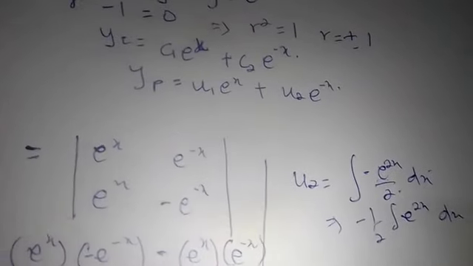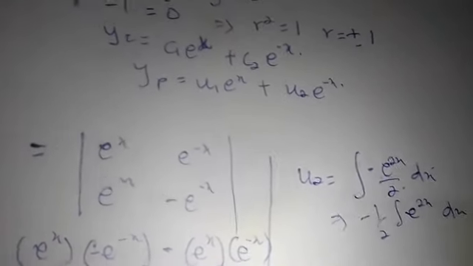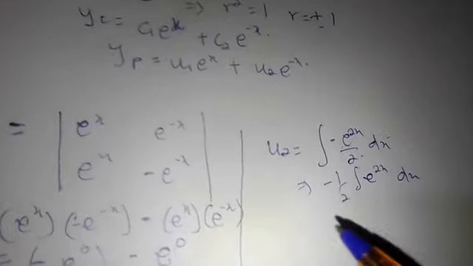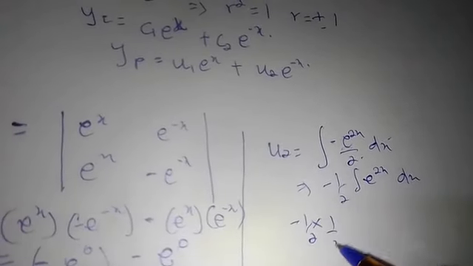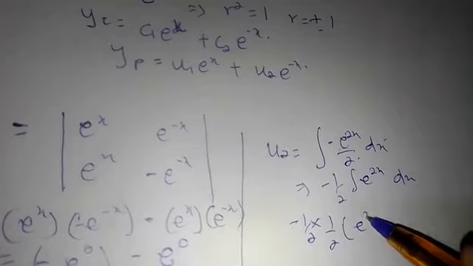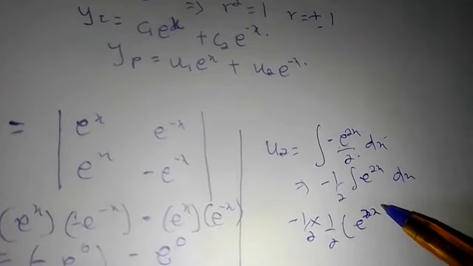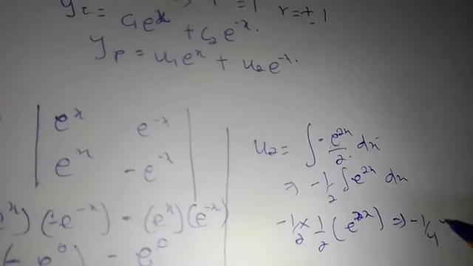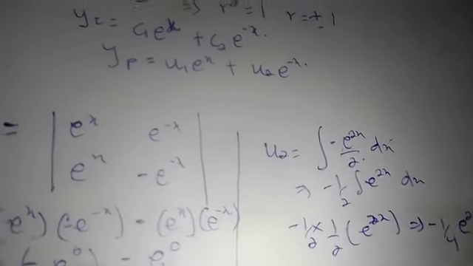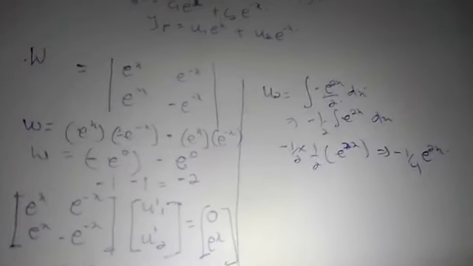By substitution, I'm going to get my final solution to be negative 1 over 2 times 1 over 2 multiplying e to the power 2x, giving me negative 1 over 4 e to the power 2x. So I have my u1, I have my u2, I'm almost done.